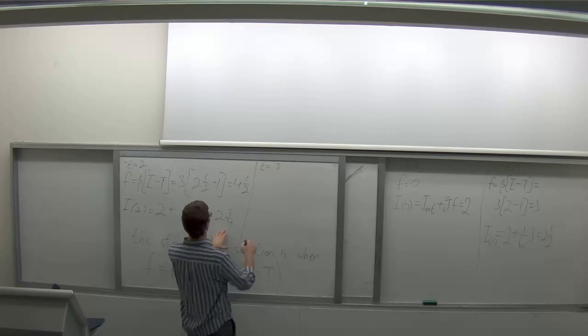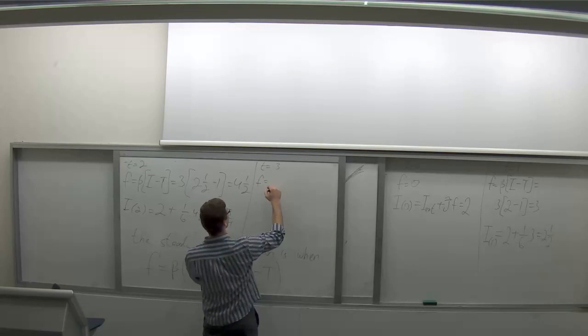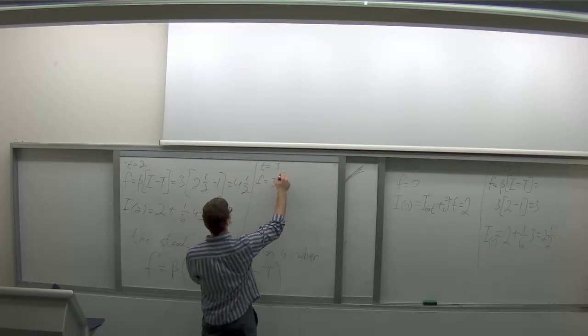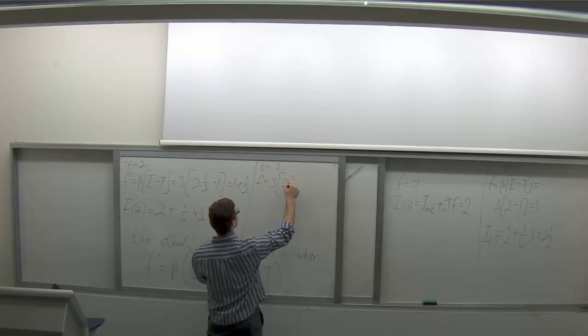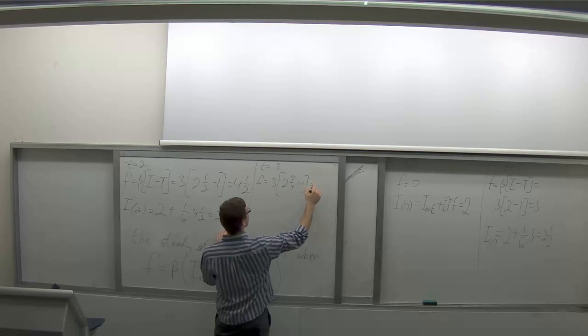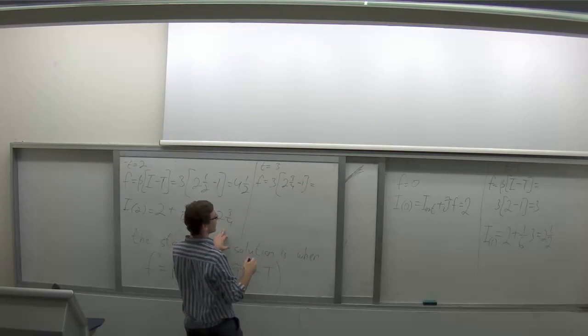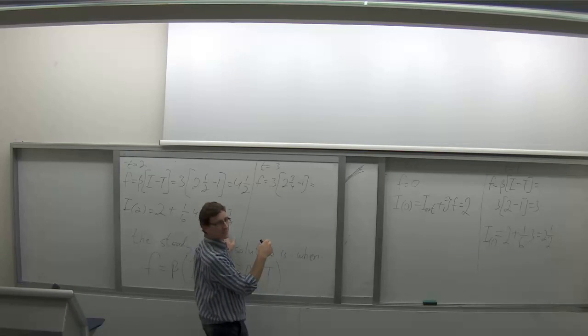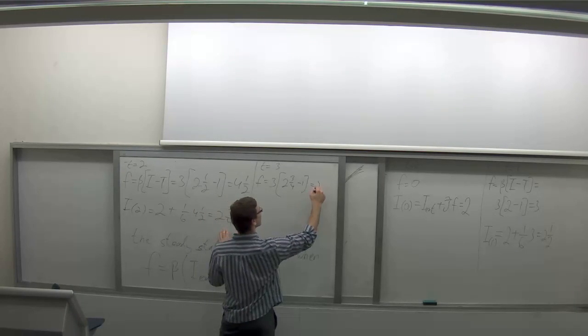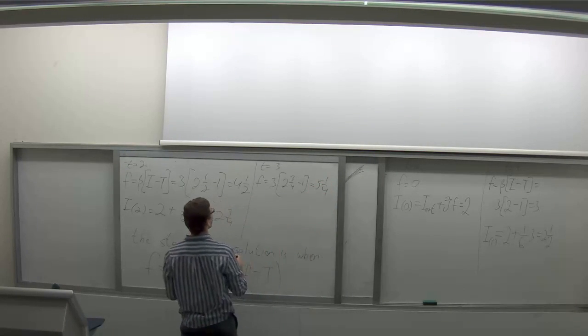Okay, so F, again: beta is 3 times 2 and 3/4 minus 1, which is 1 and 3/4 times 3, that's 5 and a quarter.